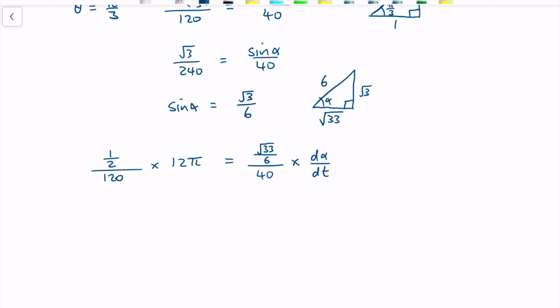Okay, bit of rearrangement here, so a half divided by 120, all times by 40, we're ending up with, just making sure I'm doing my maths correct here, 40 divided by 2, 20, 1/6 times 12 pi equals root 33 over 6 times d alpha dt. Cancel the 6's off, we've got 12 pi divided by root 33 in radians per second.